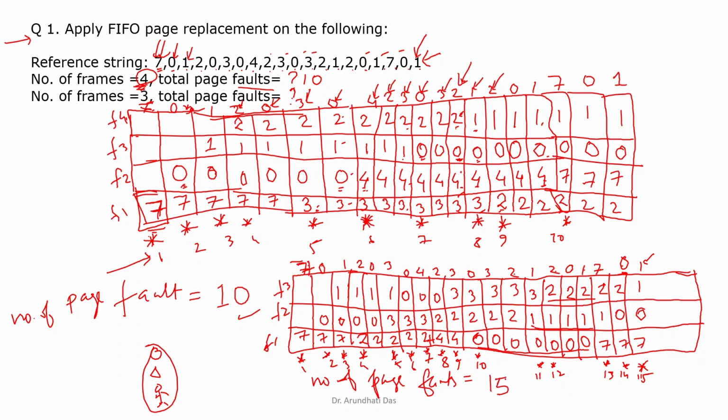So 15 page faults are there when I have considered 3 frames, and that is also justified in a way that if the size of my main memory is smaller, then the possibility of page fault is also more.